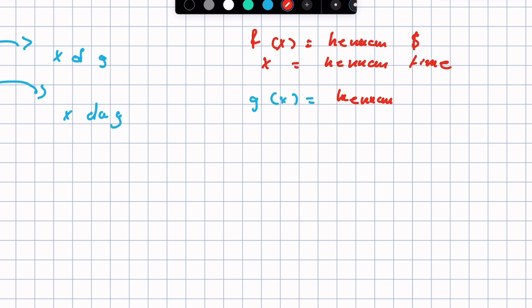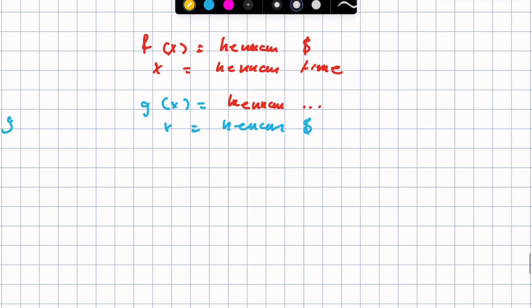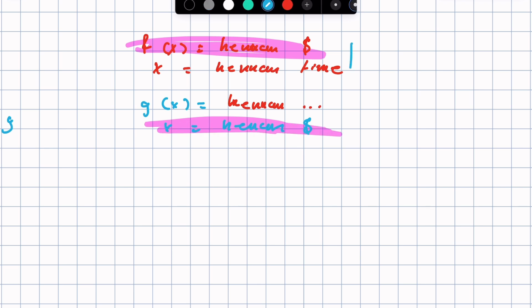But x should be Hannon's cost, okay? This and this are the same thing, right? So you put this into the x of fonction de g, if that makes sense.